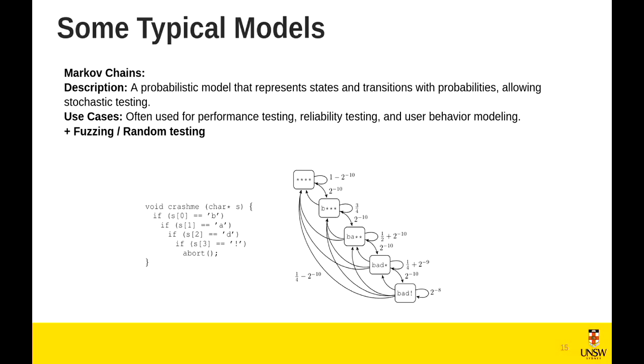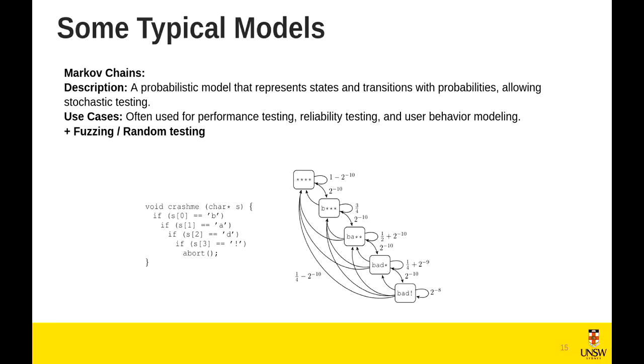This one represents the program state after the first if, and so on. So each node represents a program state, and each edge represents a transition between program states. And you can see there are some numbers on these edges.